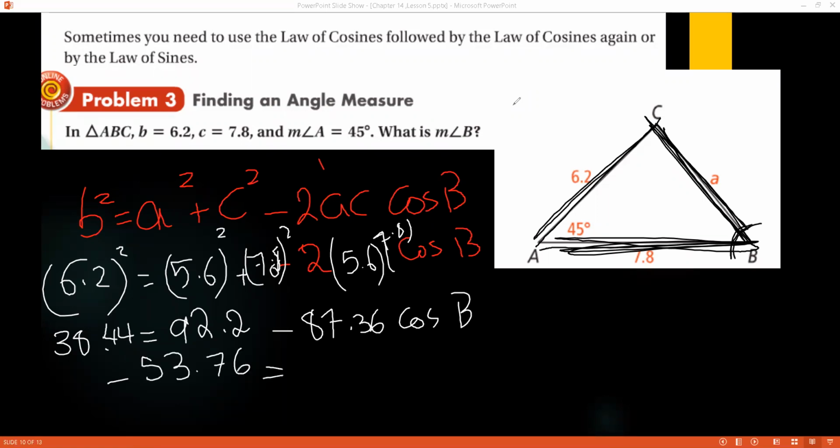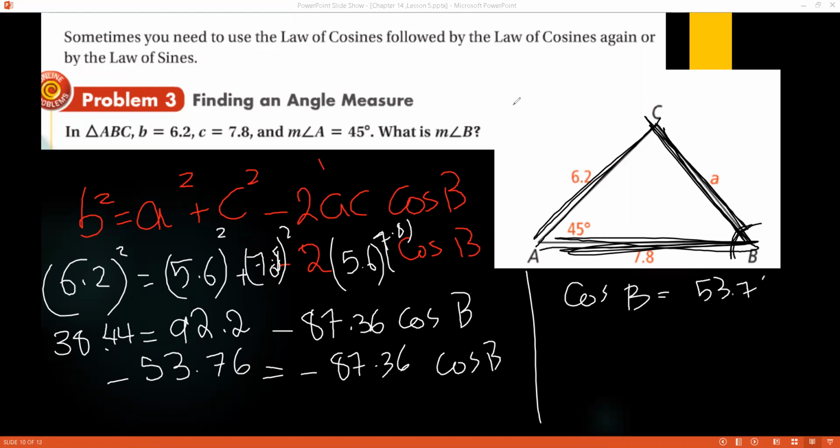So now if you subtract 38.44 minus 92.2, you get negative 53.76. Is negative 87.36 cosine B. Then cosine B will be 53.76 over 87.36. So B will be cosine inverse of this ratio.